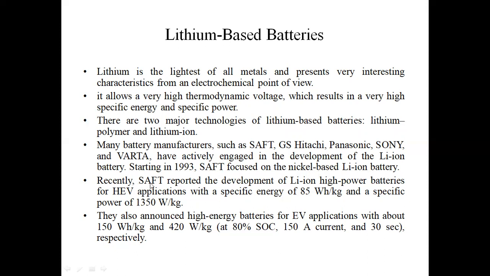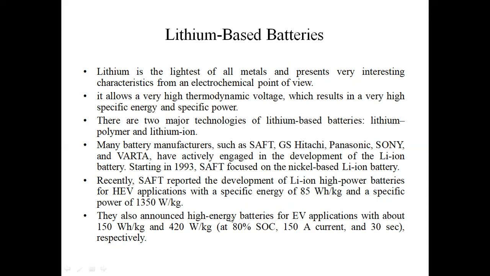Recently, SAFT reported the development of lithium-ion high-power batteries for hybrid electrical vehicles, with specific energy 85 watt-hour per kg and specific power 1350 watts per kg. Recently implemented lithium-ion batteries for electrical vehicles.